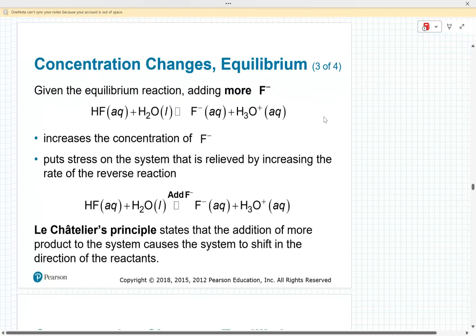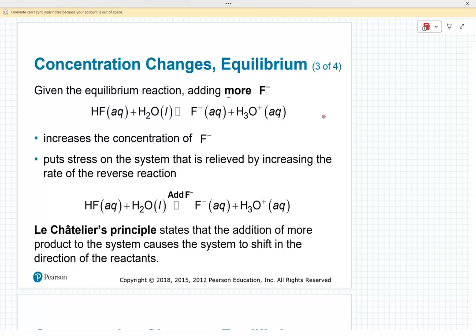And in the same way, if you add more fluoride anion, what's going to happen?